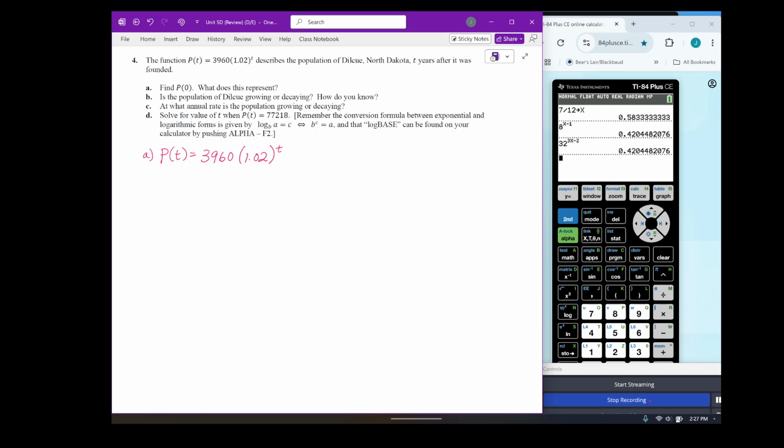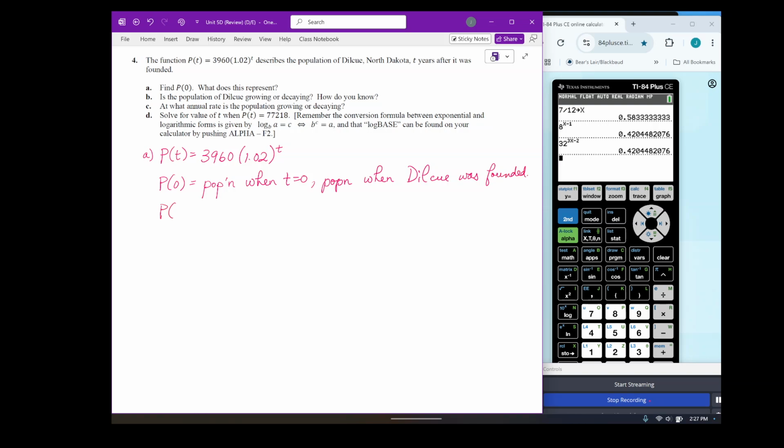Okay, and t is years after this place was founded. So then P of 0 would be the population when t equaled 0. So it's the population when Dilsu, I'm not sure, Dilsu was founded.